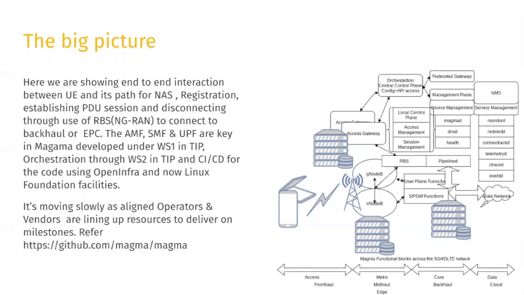So the UE connects by radio frequencies to the cell tower, and the cell tower connects in turn through the gNodeB or eNodeB, which are nothing but radio base stations. Radio base station is an old term; you can use next generation RAN, NG-RAN, to depict that. And so the connection goes through this, and the access gateway has already installed the RBS, that is the gNodeB or eNodeB, and also the various hardware, software, and all that.